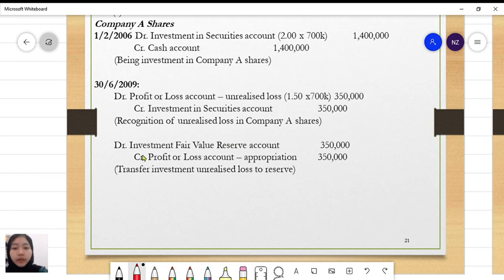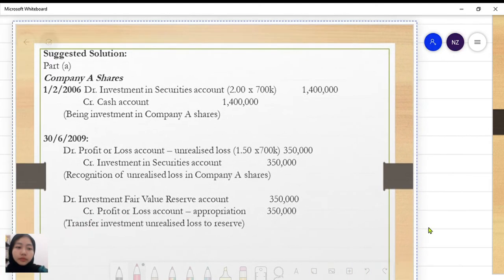Debit investment fair value reserve account 350,000. Credit profit or loss account or appropriations account. So this is the basic way to record journal entries of shares in the books. Okay, just follow the basic journal entries that we learned earlier.